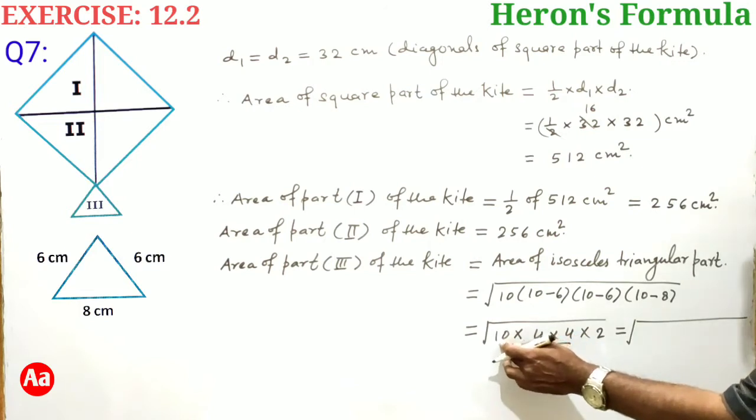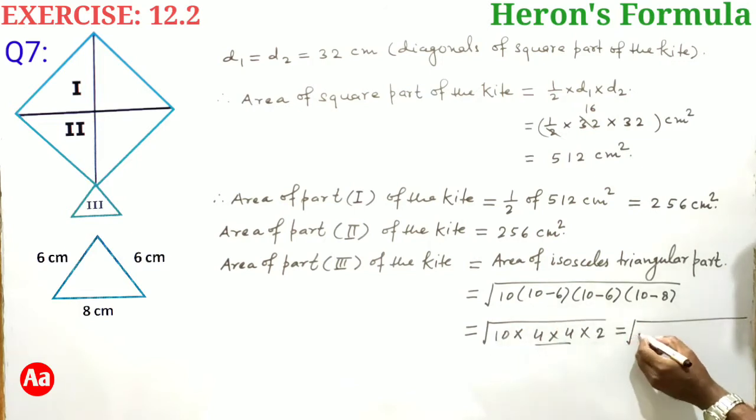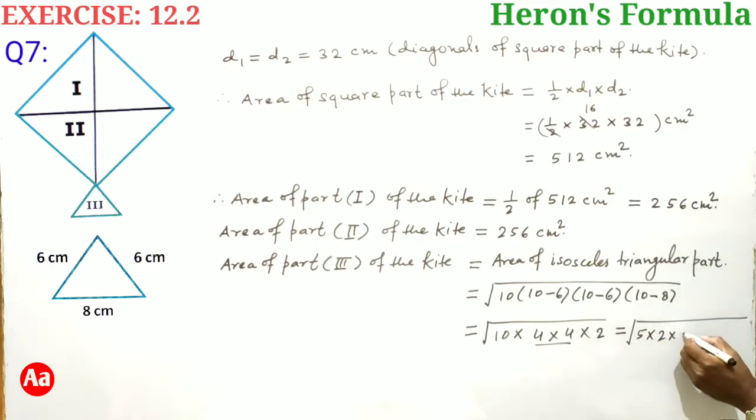Here this 10 we can write as 5 into 2, so 5 into 2 into 4 into 4, one pair, into 2.